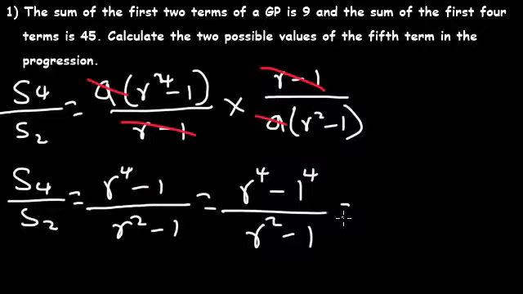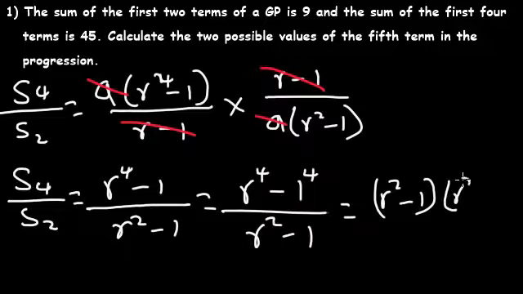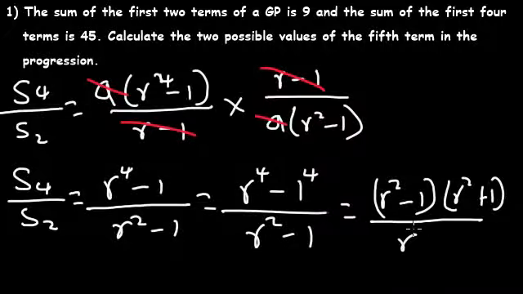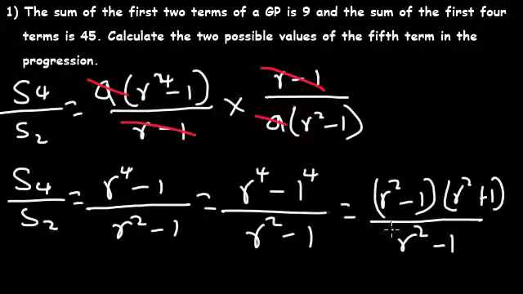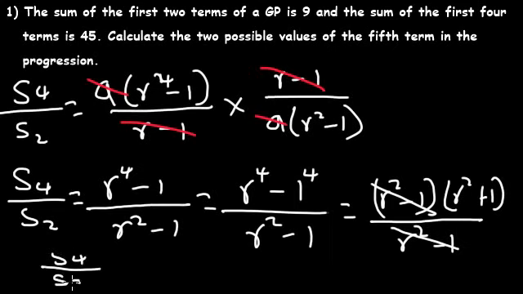Using the knowledge of difference of two squares, this can be broken into r squared minus 1 multiplied by r squared plus 1. Understand? By the time you expand this back, you will end up with this, then divided by r squared minus 1. So these can cancel, and what is left over is S of 4 over S of 2 equals r squared plus 1.